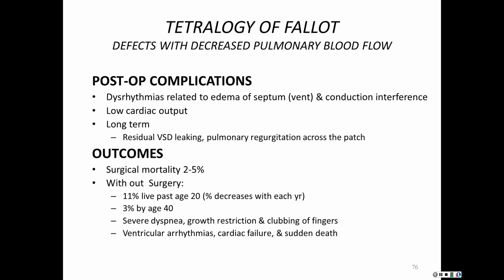Long-term complications can occur, and they can be ventricular arrhythmias, of course, heart failure, and sudden death. And again, we're seeing more and more. The problem is if the children don't have surgery, only about 11% live past the age of 20, and only 3% make it to the age of 40.